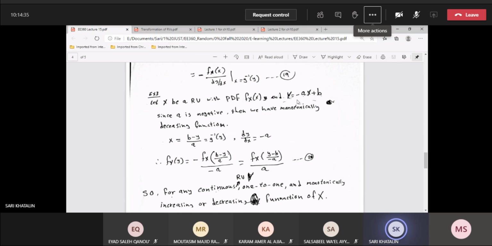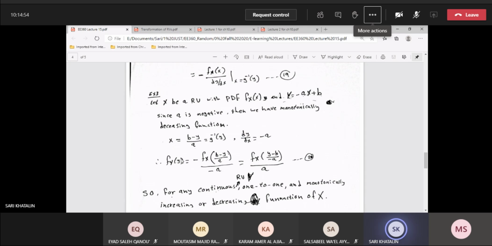Now, if we take the same example we just did, and we replace a with minus a, and we plug in the numbers, x would be equal to (b minus y) divided by a, which is the inverse of y, and the derivative of y with respect to x is equal to minus a.